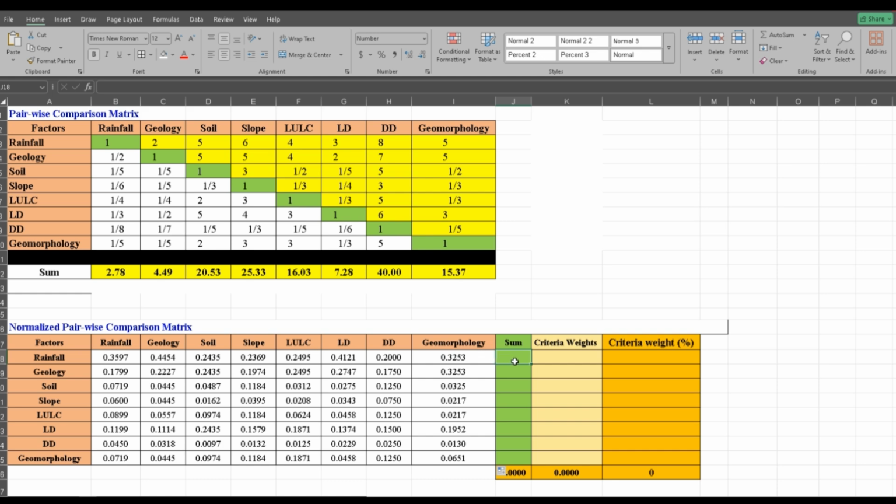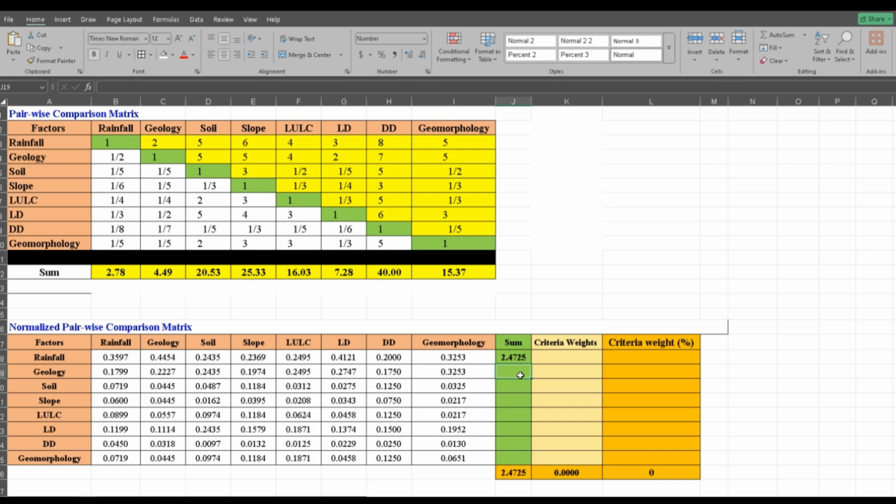The sum of the first row is equal to, using the Excel formula, sum of 0.35, 0.44, 0.24, 0.323 up to the value of the first cell under the geomorphology column, which is equal to 2.4725.